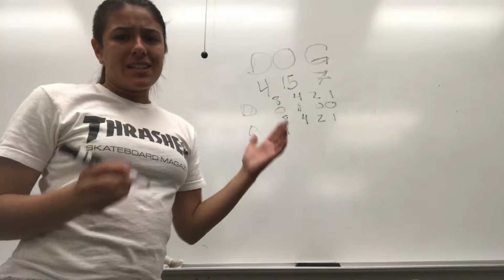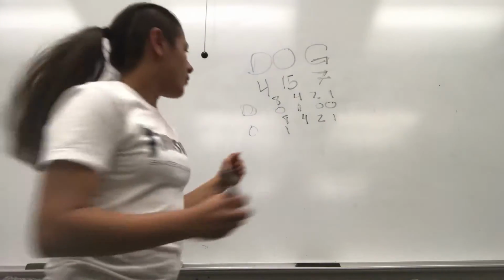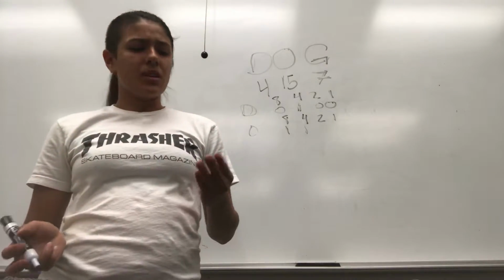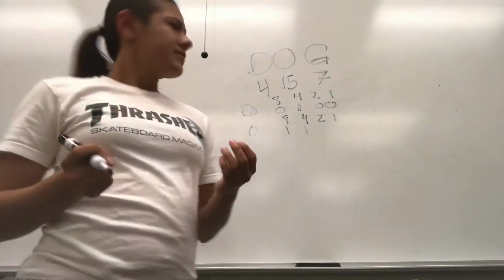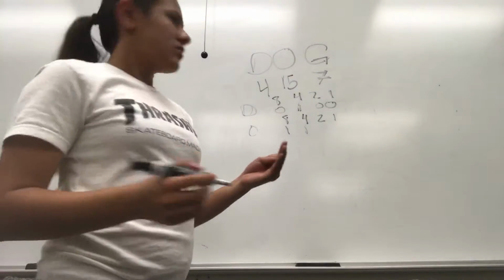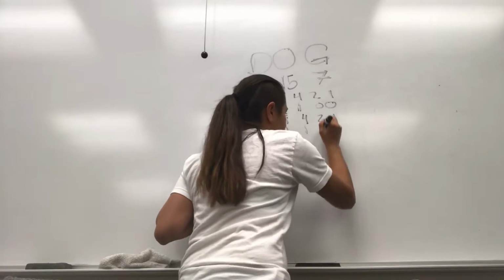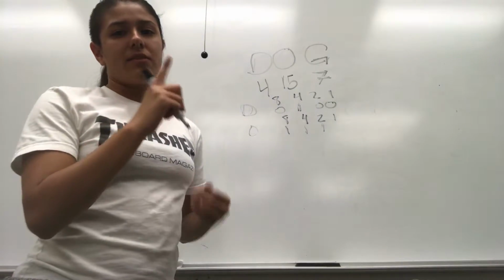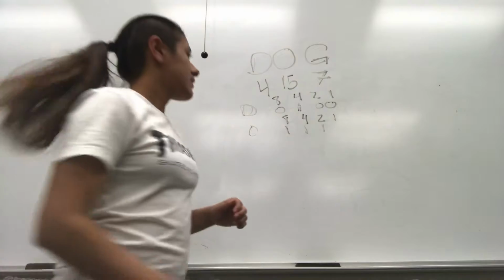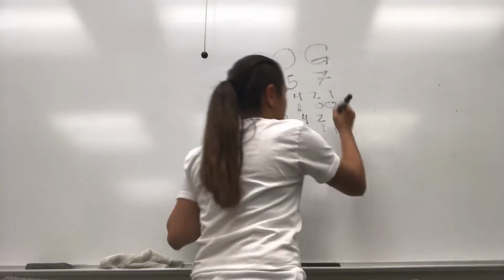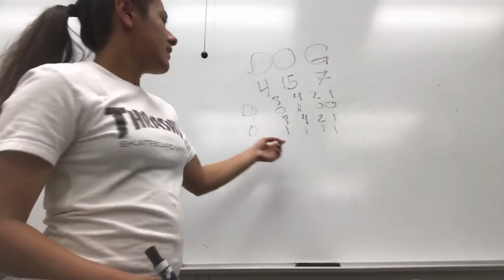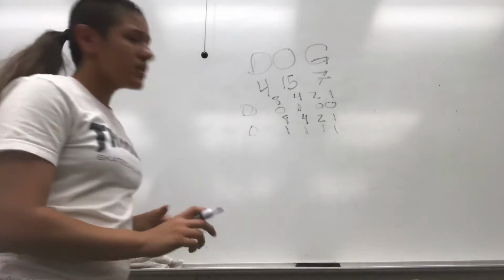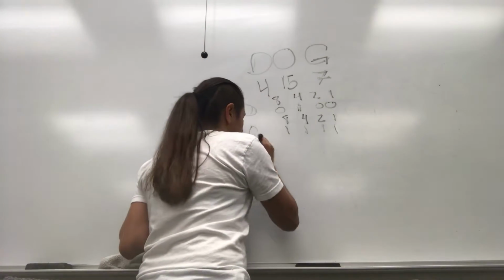Now 15 minus 8 is 7, so 4 goes into 7 1 time. 7 minus 4 is 3. That means 2 goes into 3 1 time. So there's only one left, the number 1 left, and 1 goes into 1 1 time. So that's how O is represented: 1 1 1 1.